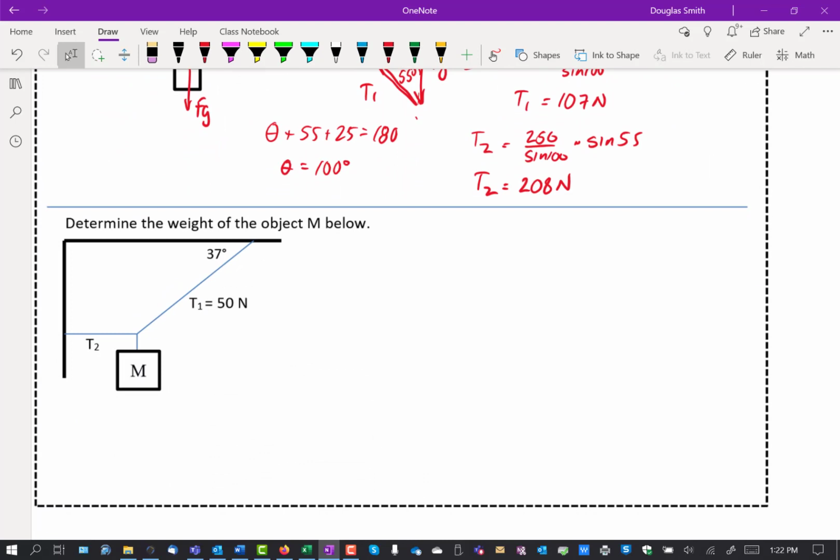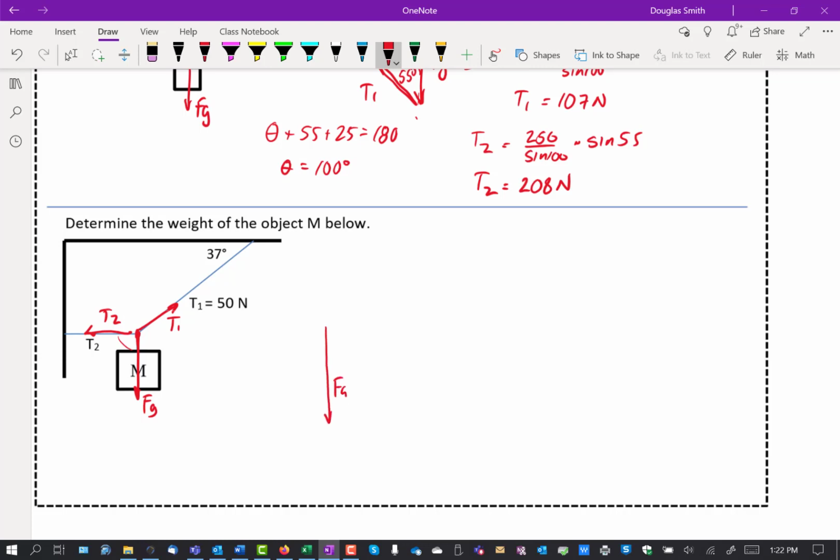All right, let's try one more here. Determine the weight of this object M. So there's Fg down, there's T1, there's T2. This one's really easily done with the vector diagram as well, because we're going to get a right angle triangle in there. So let's do a vector diagram.